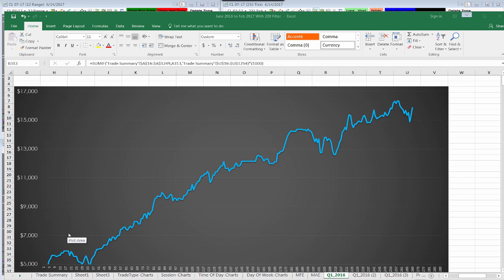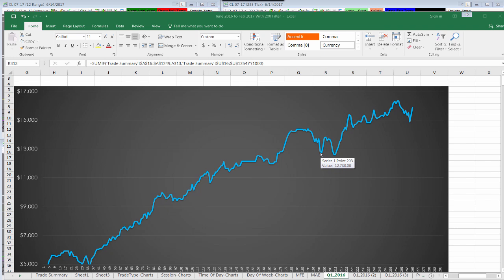We all know how crazy the markets got over that period. So this equity curve from this point all the way to this point right here is oil only.